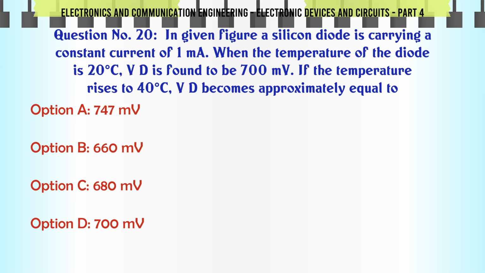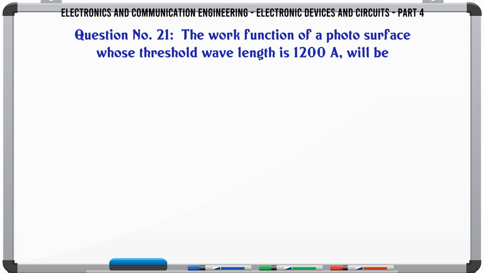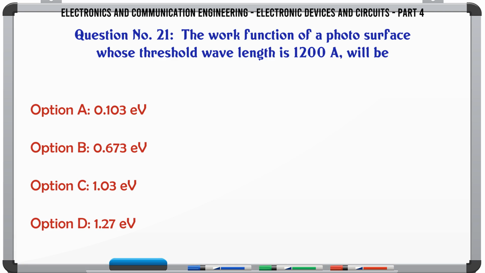If the temperature rises to 40°C, V_D becomes approximately equal to: A. 747 mV, B. 660 mV, C. 680 mV, D. 700 mV. The correct answer is 660 mV.